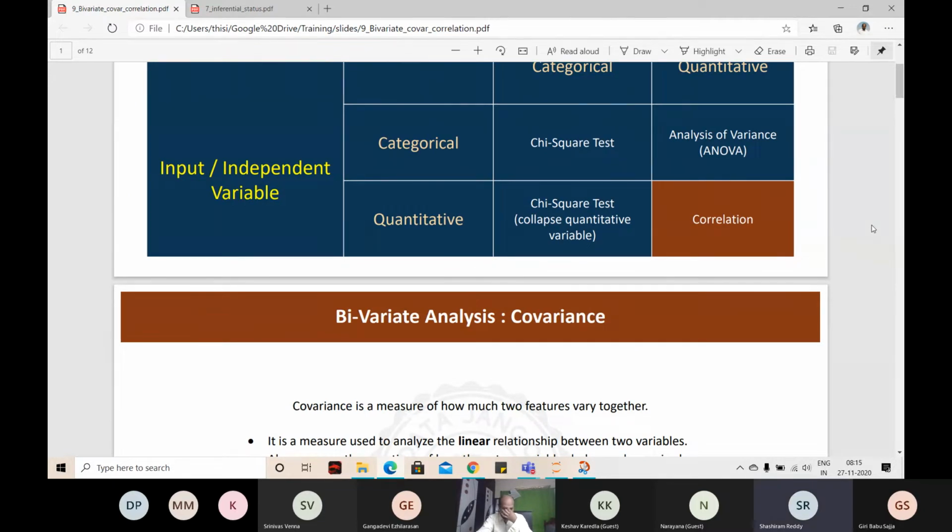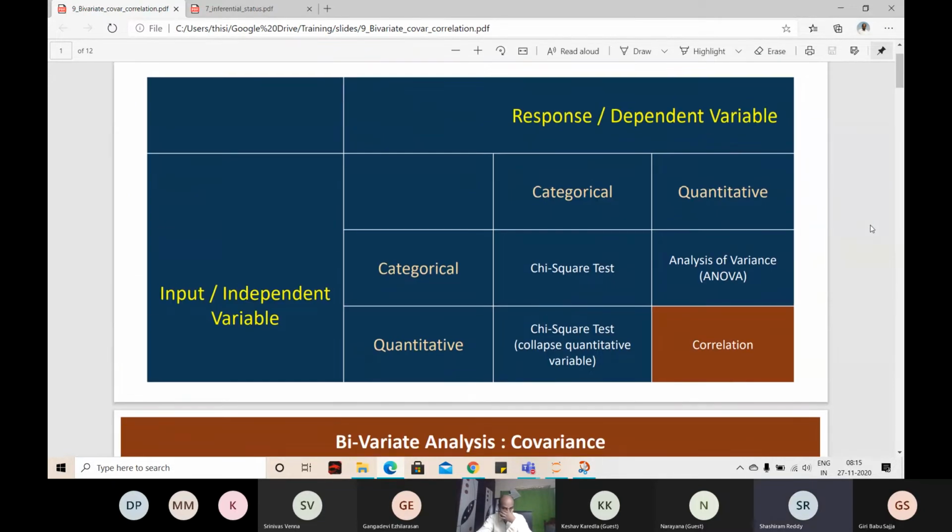Collapsing, we said maybe it's early, but what is the meaning of collapsing? Collapsing is very simple. Suppose there is an age column, and you are trying to analyze the health situation of people.